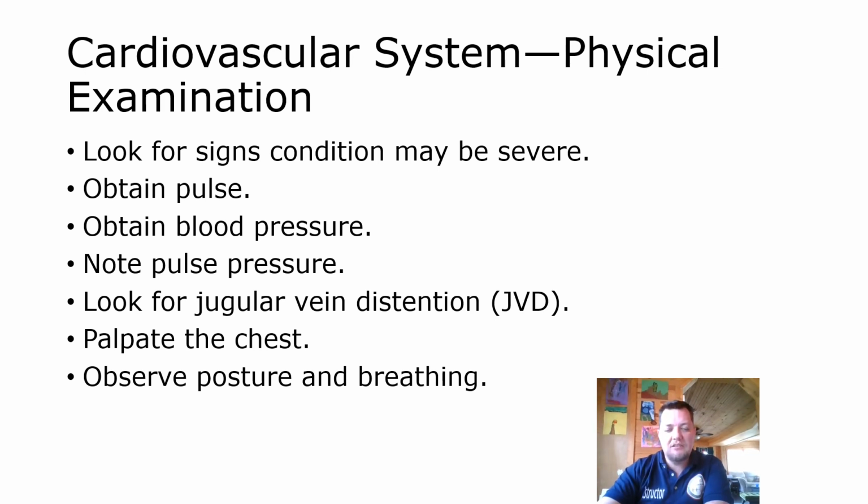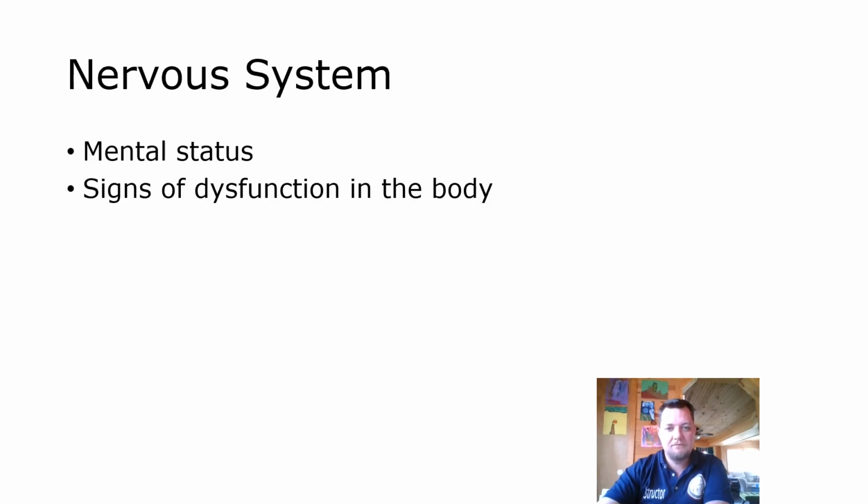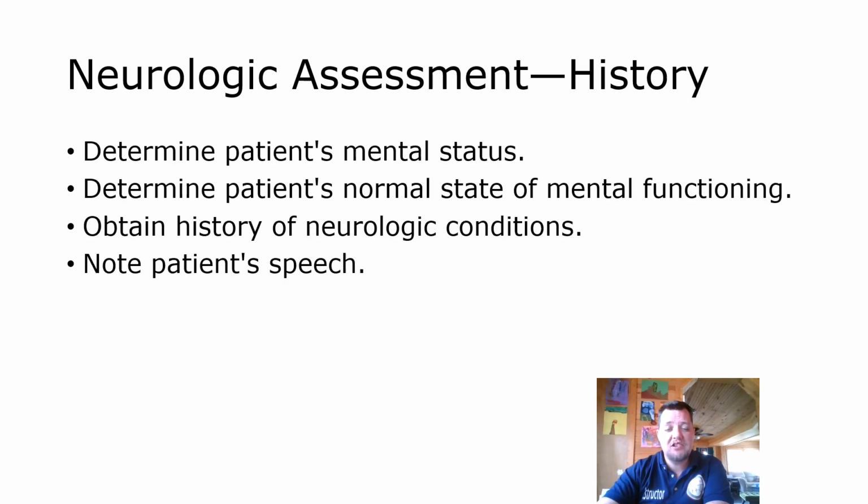Breathing can include problems such as respiratory and cardiac kind of going hand in hand, so you have to figure out which it is and how they divide out. So in the nervous system, we're going to look at their mental status and any signs of dysfunction in the body. Signs of dysfunction include paralysis, numbness, tingling in any of the extremities, unable to move any of the extremities as well.